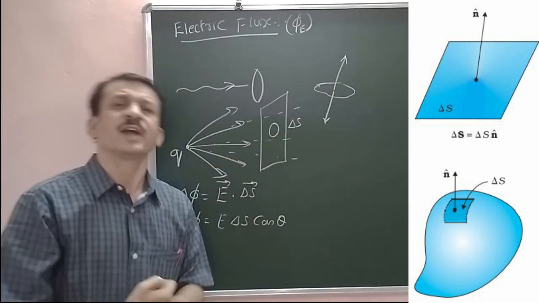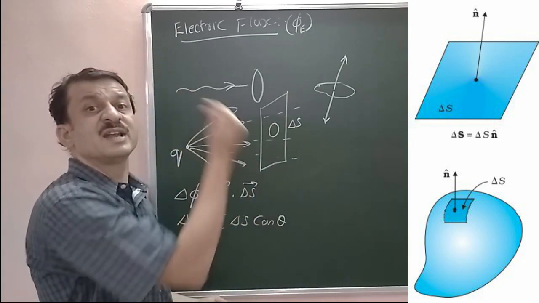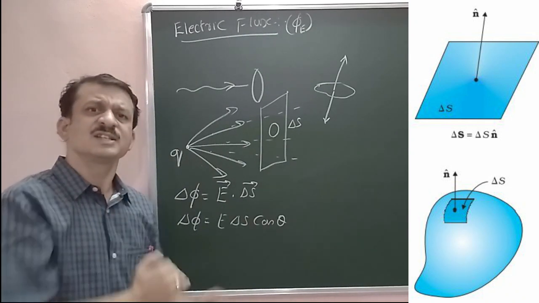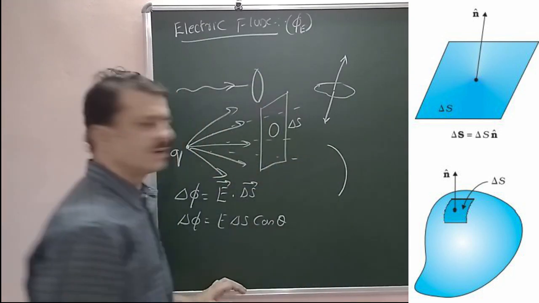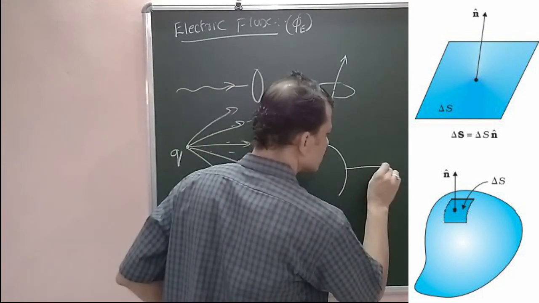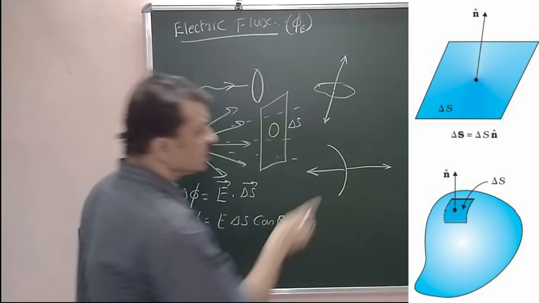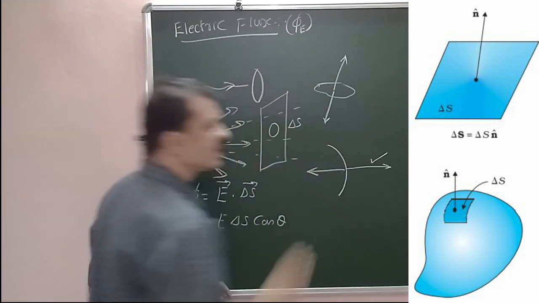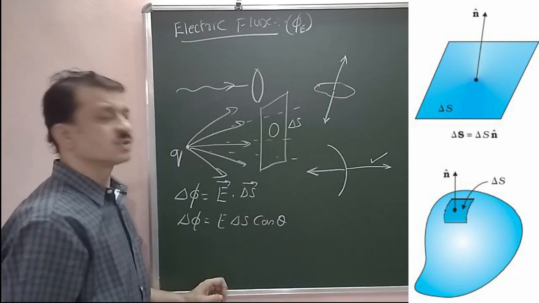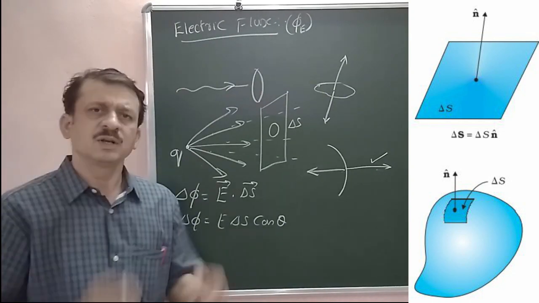Then which one do we take? That is decided by the one which is radially outward to the surface. If the surface is like that, we have two normals, one along this direction and another along that direction. This one is radially outwards and this is radially inwards. So we have to take this one as the normal. The normal which is radially outwards is taken.